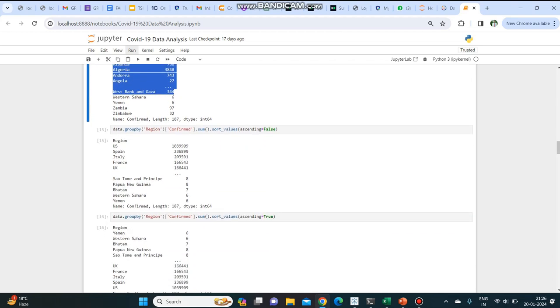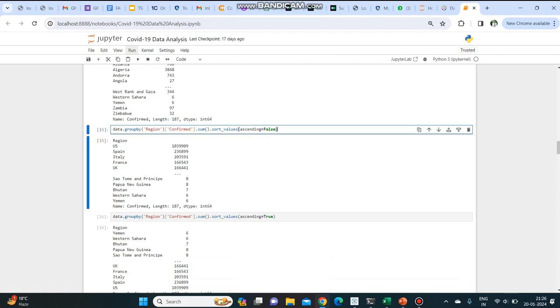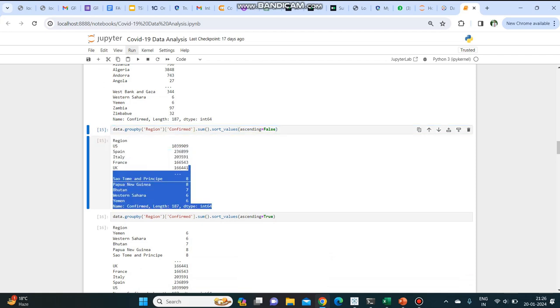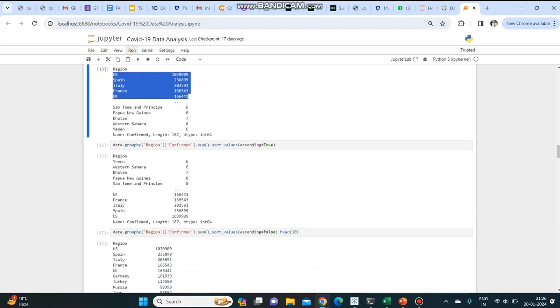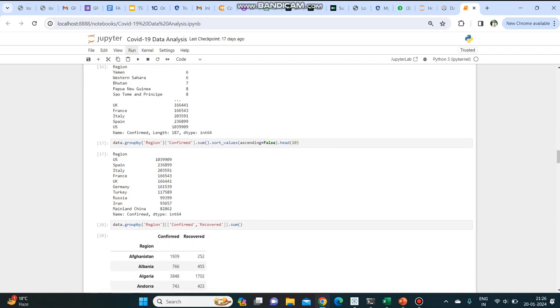After that, we looked at the countries which had the most number of COVID cases. So we arranged it in descending order. Top 5 countries are US, followed by Spain, then Italy, then France, then UK. We can also arrange them in ascending order.